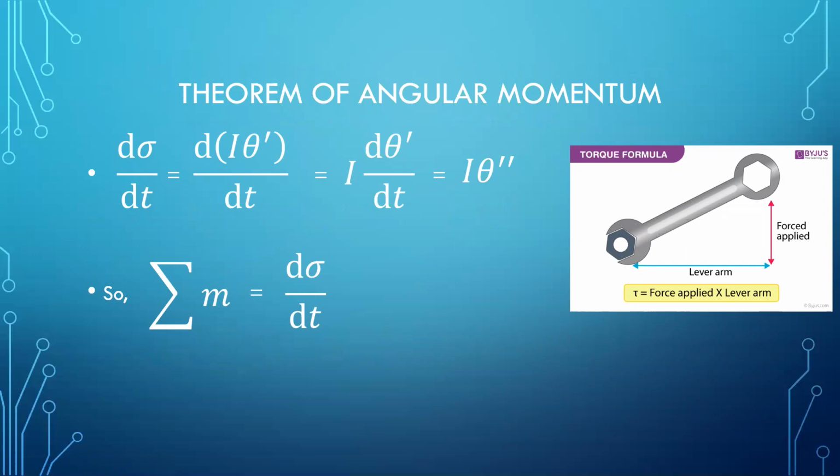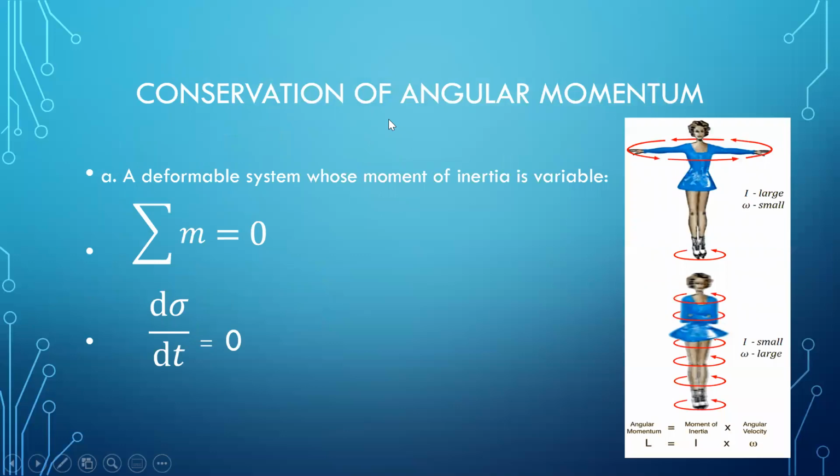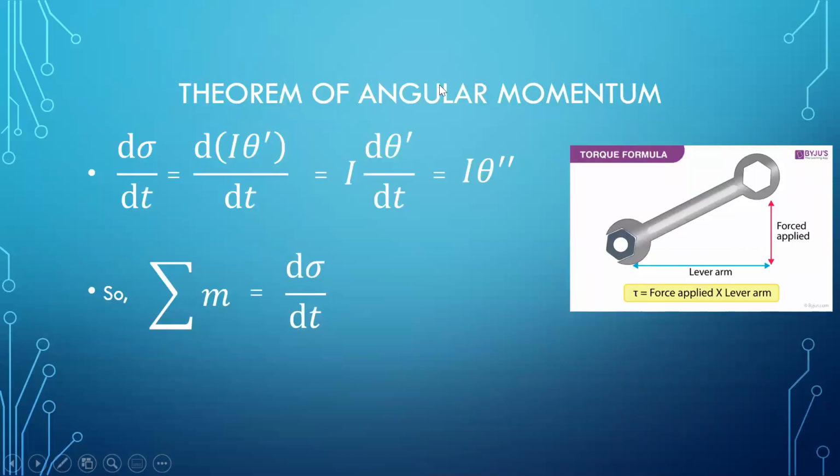For linear momentum, we usually talk about external forces. So if the linear momentum is conserved, that means that the system is isolated, so there are no external forces acting on the system. Similarly, in the case of angular momentum, it's conserved if we've got no external moment or torque.